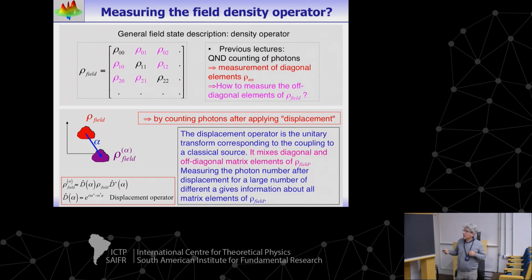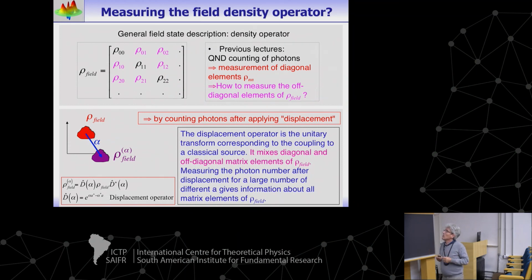And it means that you know where you are. And the important point is that the density operator mixes diagonal and off-diagonal elements of the initial density operator. Which means that if you measure by quantum non-demolition photon counting not the initial state but the displaced one, you will get information not only on the diagonal of the initial state but also on the off-diagonal matrix elements.